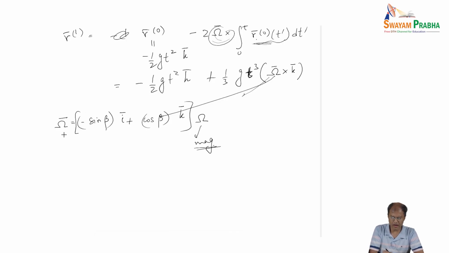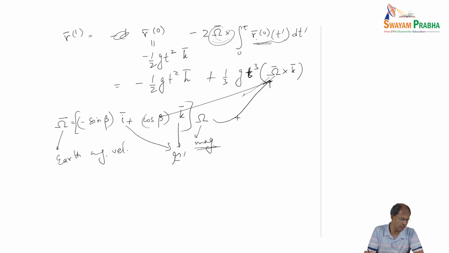And this is the axis of the moving frame, our frame F prime. So in F prime, this is what the angular velocity looks like. We club it into this vector relation and find out the result.